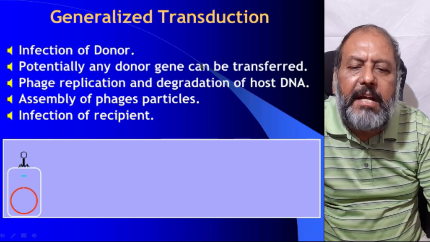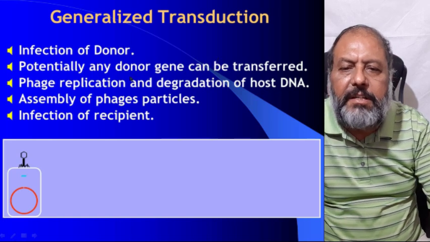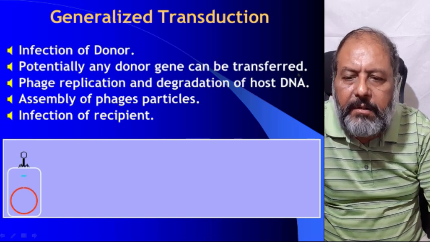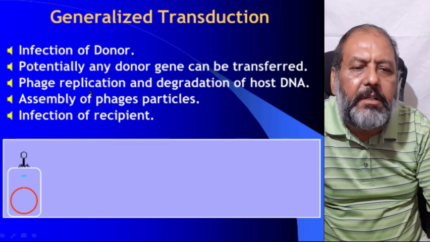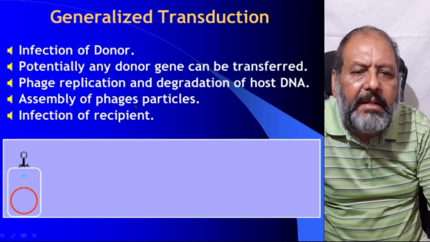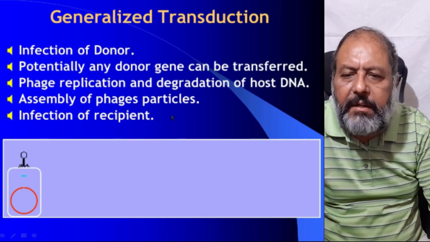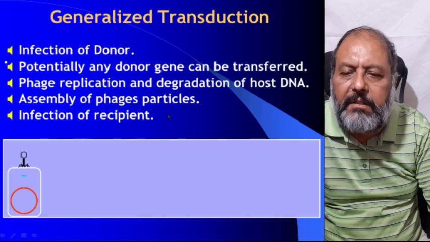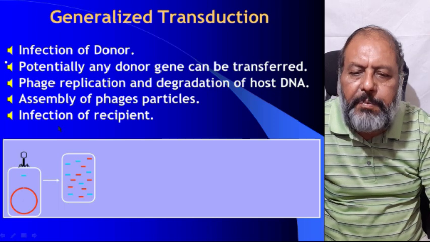So, generalized transduction is the infection of the donor. Potentially, any donor gene can be transferred, through phage replication and degradation of the host DNA, assembly of the phage particles, and infection of the recipient.